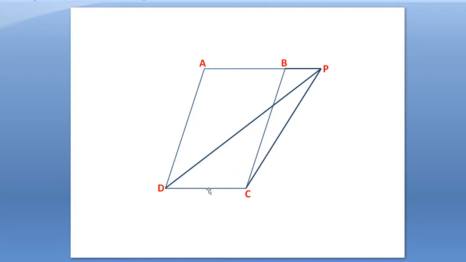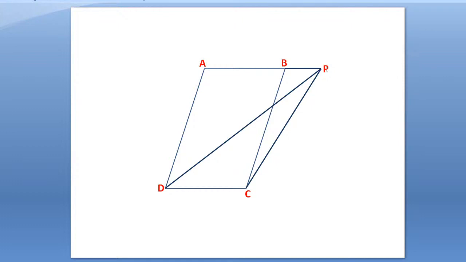Moreover, the vertices of parallelogram ABCD opposite the same base DC are A and B, and the vertex of this triangle opposite the same base is P. Here A, B and P lie on the line which is parallel to the same base DC.